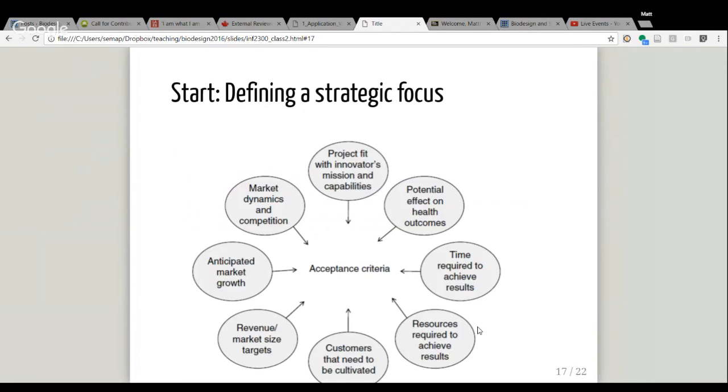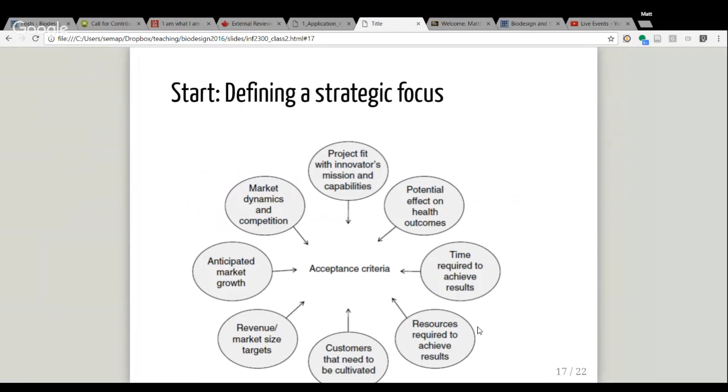Some help to think about in terms of defining a strategic focus is to develop some acceptance criteria. What kind of criteria do you want to think about in defining what your focus is?